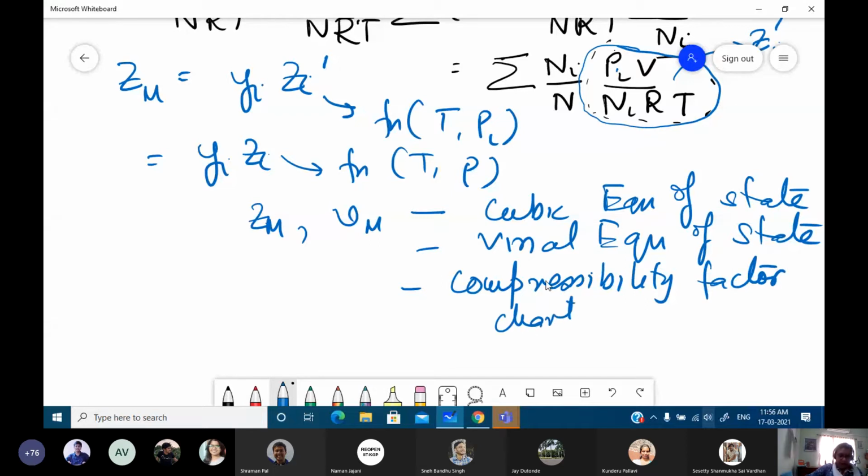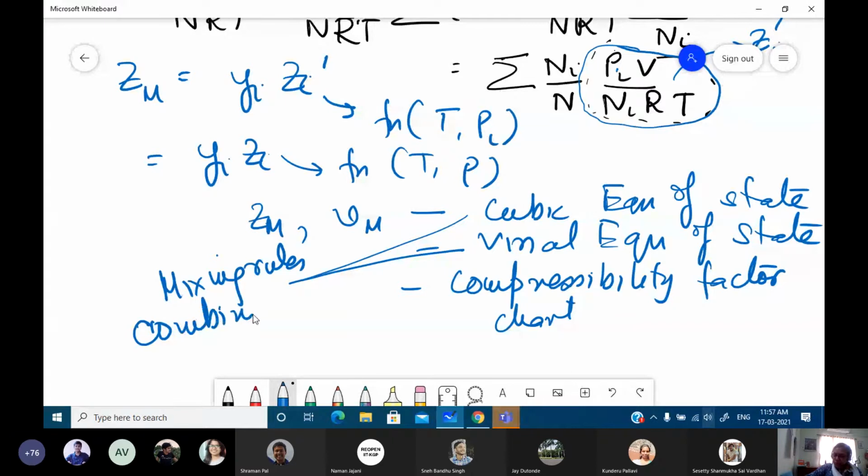Now when we have to find it from the cubic equation or virial equation, what do we have? We need some mixing rules and some combining rules. Why do we need them? To express the constants of the equation in terms of the single component constants.